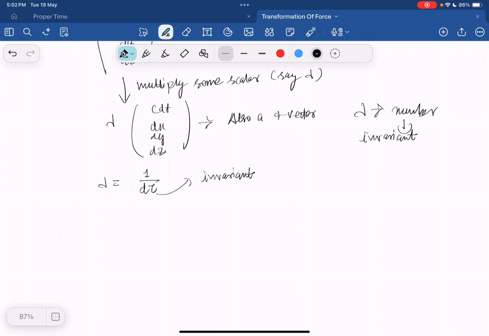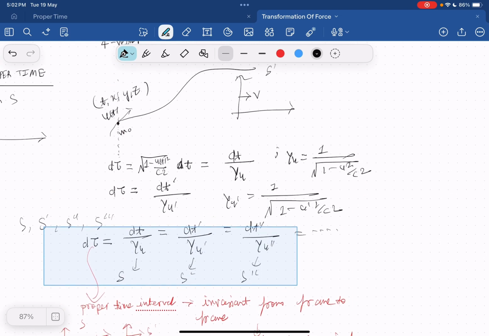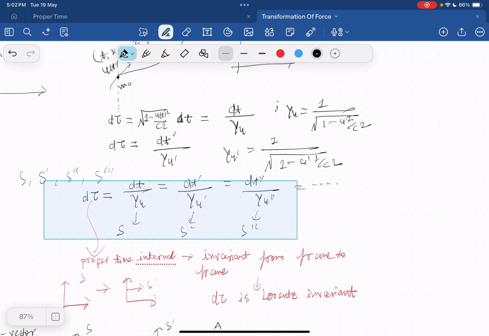D tau is the proper time interval, and as we have seen at the very start of this lecture, it was the ratio of the coordinate time interval and the gamma for that particular coordinate system.